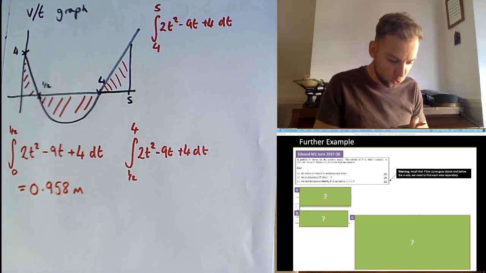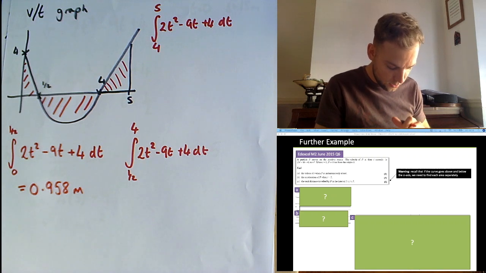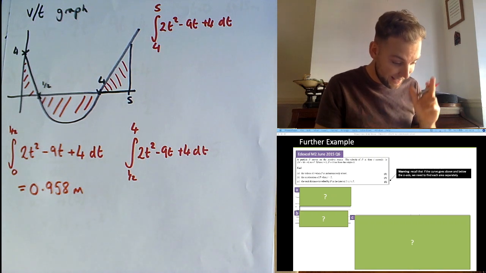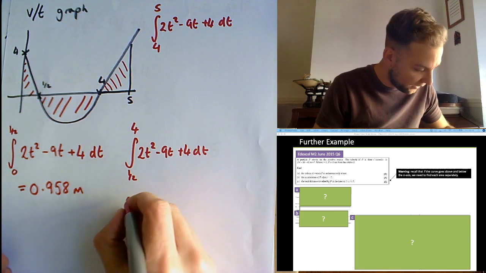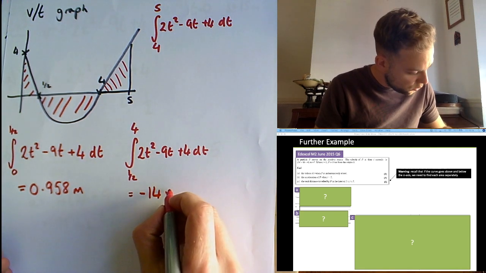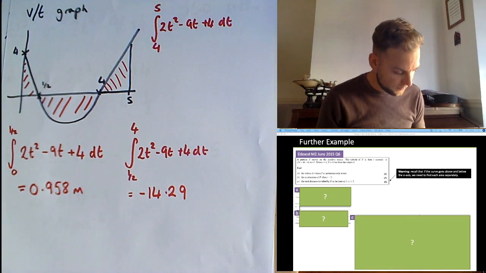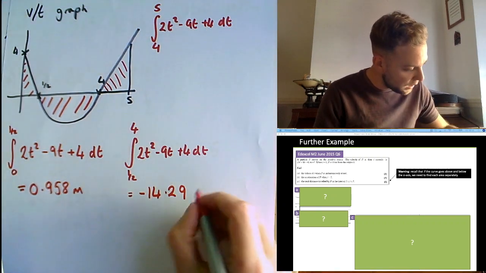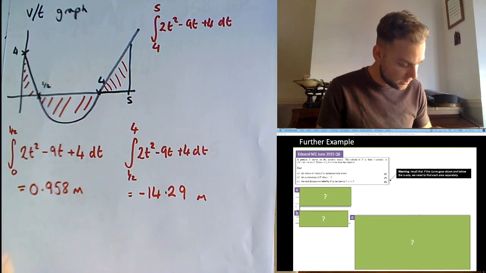This one here should be negative. So integrate between 4 and 0.5. Yes, it is negative, thankfully. So minus 14.29. Okay, and this one here we know should be positive as well.